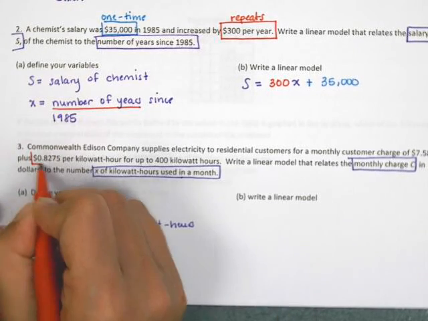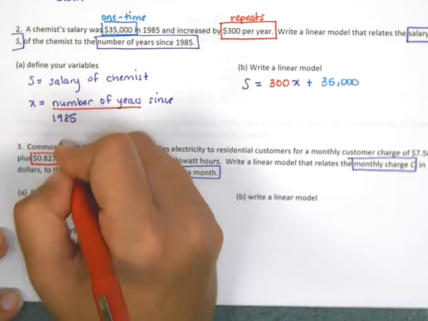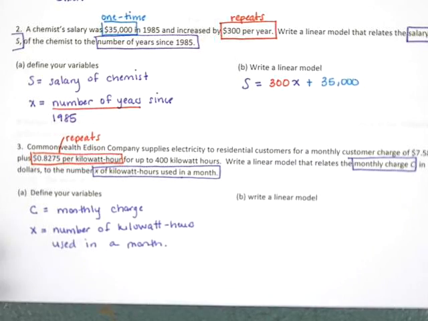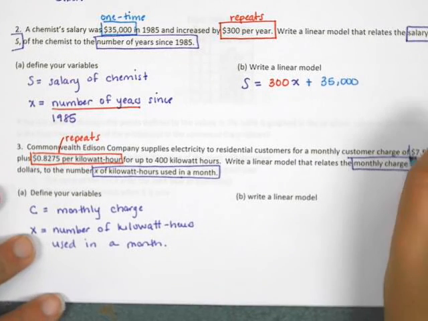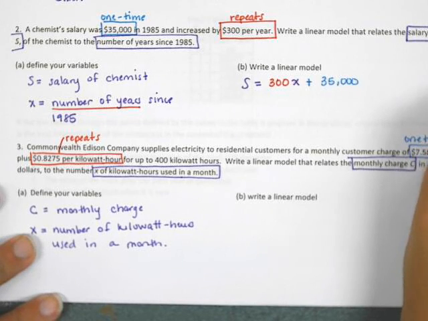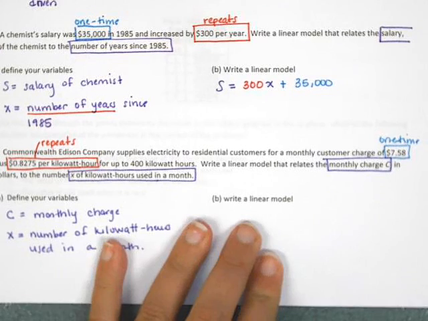So here where it says 0.8275 per kilowatt hour, that's what tells me that it repeats because I'm paying it over and over again for every hour. And I'm only going to charge $7.58 one time within this month. I get that flat fee plus I pay extra per hour.